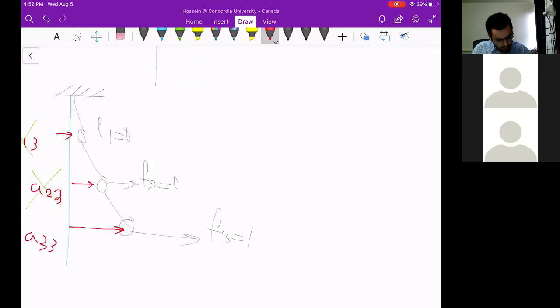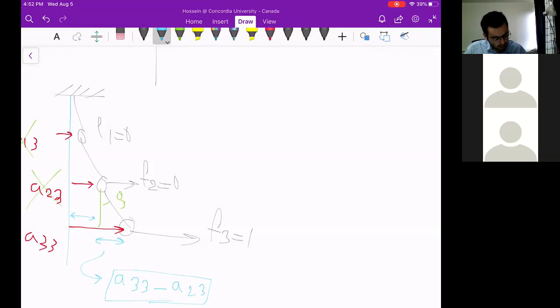But in order to find A33, you have to take advantage of trigonometric formulation. So this is theta 3. If you take a look at this length, this is A33 minus A23, from a geometric point of view, because this is A23.